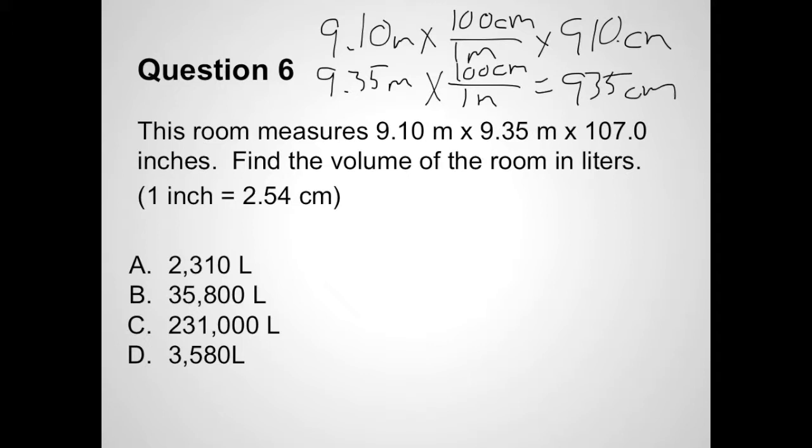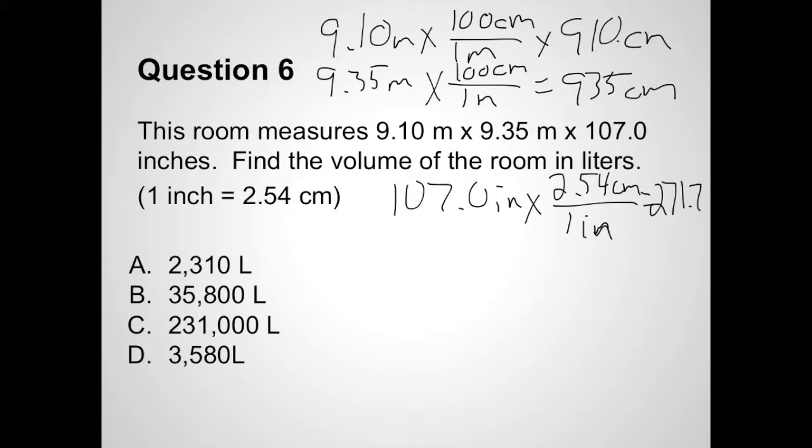And then the third one, we actually have to convert 107 inches, and we're told that 1 inch is equal to 2.54 centimeters. So we do that out, and we actually get 271.78 centimeters.